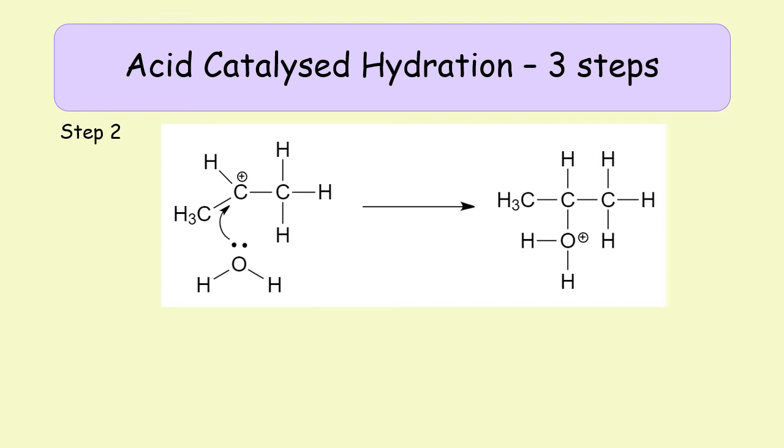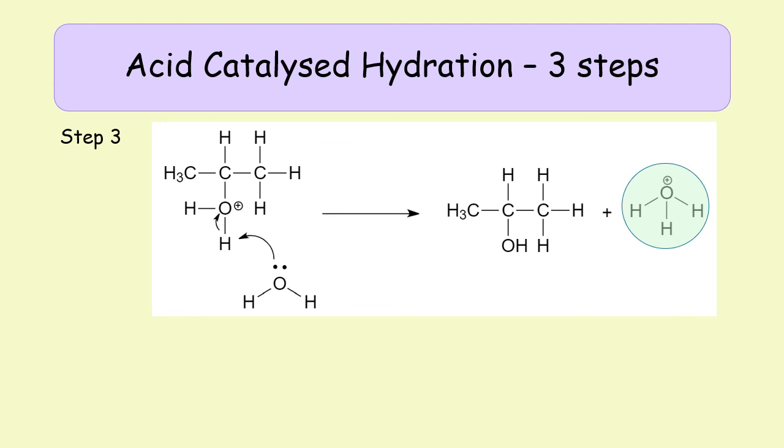And because the oxygen has 3 bonds, it is positively charged, which is not what it would like to be. So that is our second step, straightforward. You just got to remember that when the water molecule adds on, as soon as that oxygen has 3 bonds, it's got a positive charge, and we do not want that.